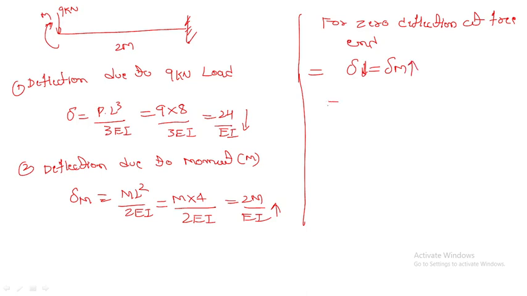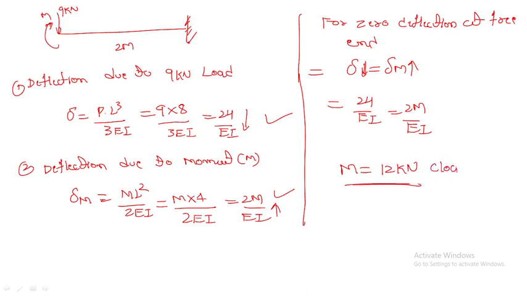So 24 by EI equals 2M by EI. You have to calculate M, and 12 kilonewton-meter is the answer for this question.